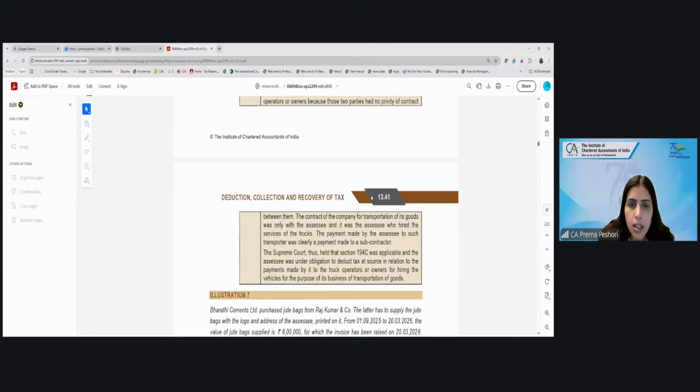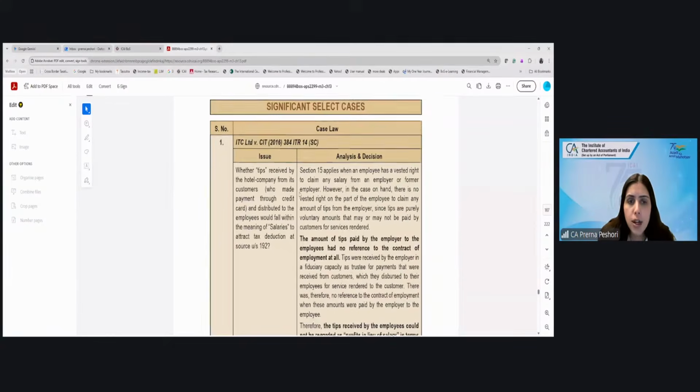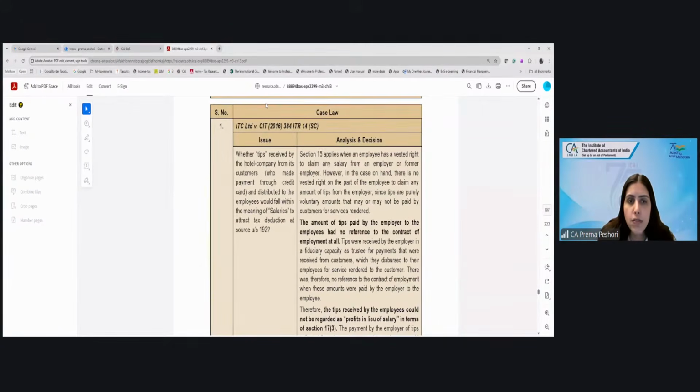Okay. Let us look at some of the case laws then before we go to the next section. The first one is in the case of the salary, whether the tips received by a hotel company from its customers and distributed to the employees would fall within the meaning of salary.